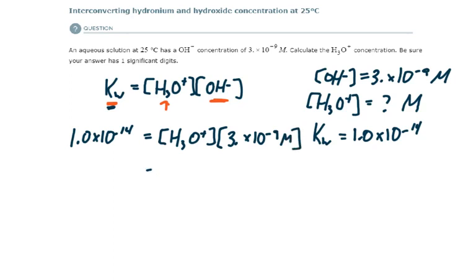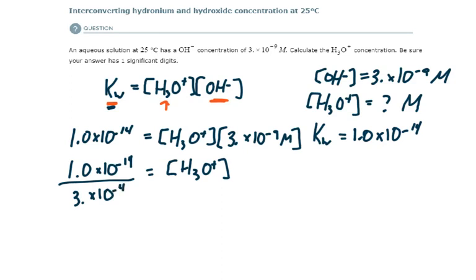And so hydronium ion concentration is going to be equal to Kw divided by the hydroxide ion concentration. I'm going to omit the units again because K, the ion product constant, has no units.